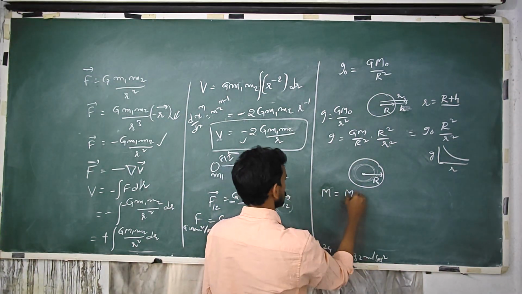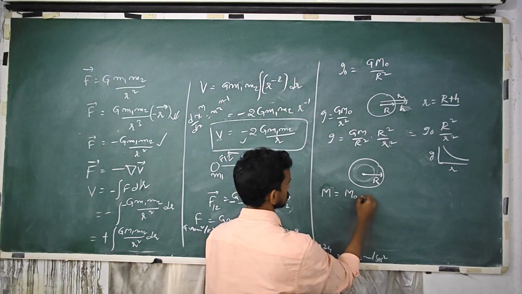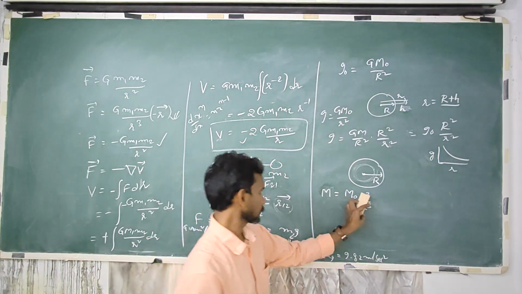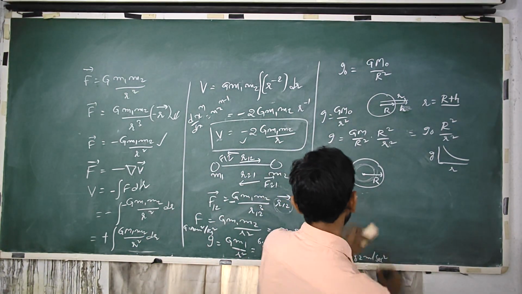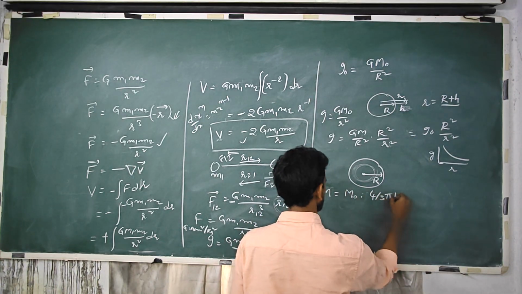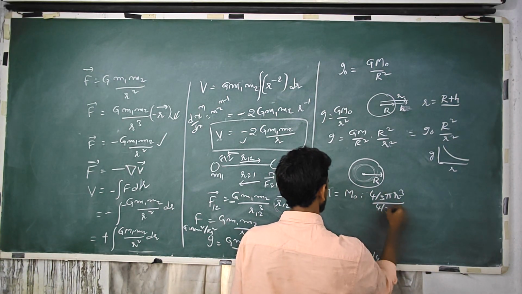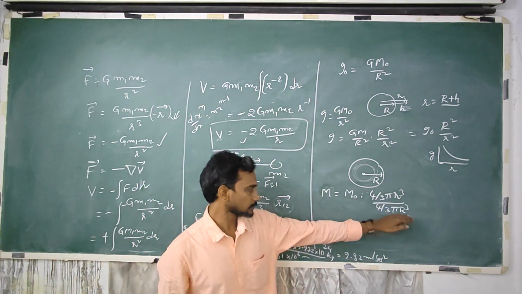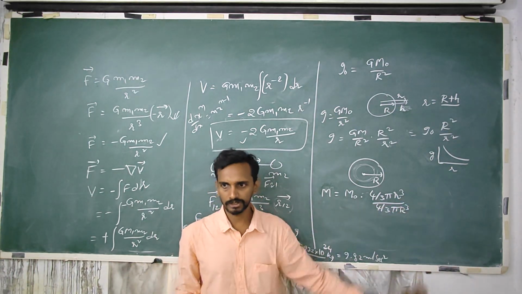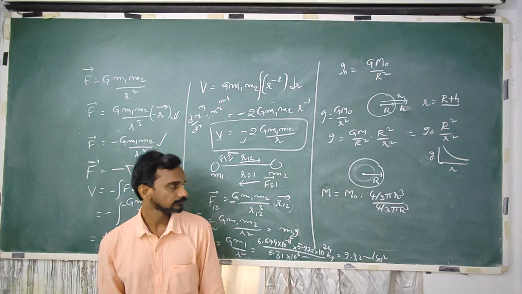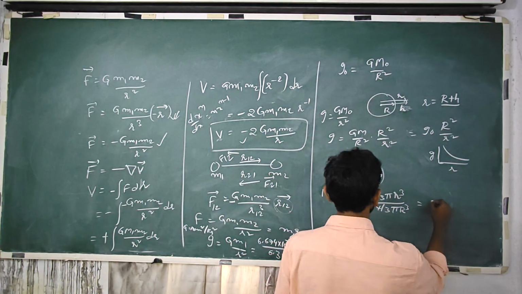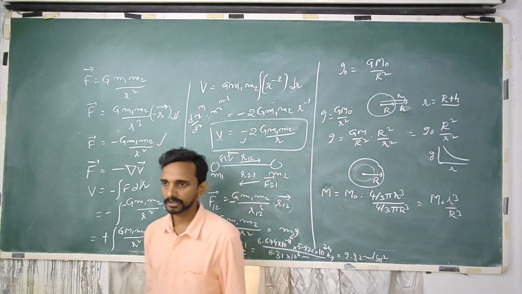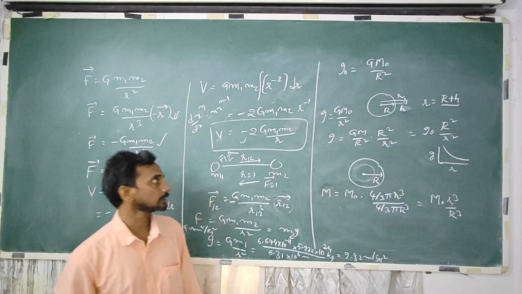So M is equal to M naught times r cube by R cube, that is M naught into 4/3 pi r cube divided by 4/3 pi R cube. So I am dividing by the original volume and multiplying by the effective volume. I am considering the fraction of it. So it is M naught r cube by R cube. That is the new mass for which we need to calculate G.